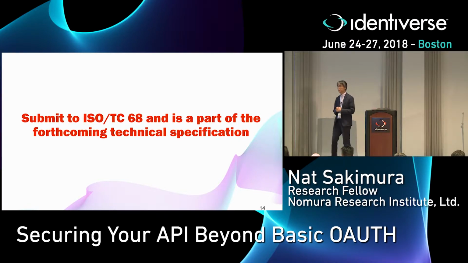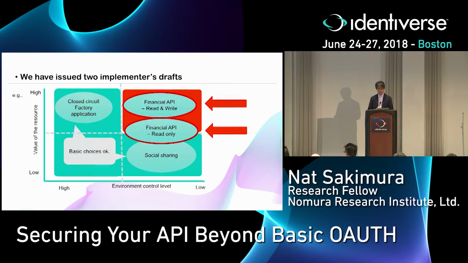There are some discussions going around that it should probably be pulled out and made into an independent spec, rather than being put into the so-called web API specification that TC68 is coming out with, because the security profile by itself is useful, but we'll see.